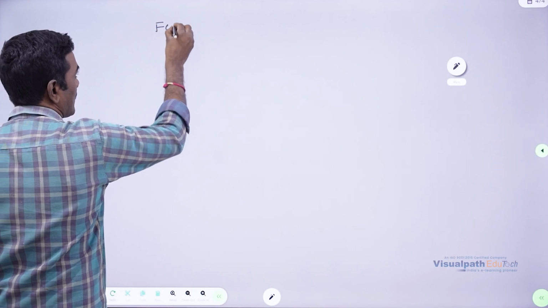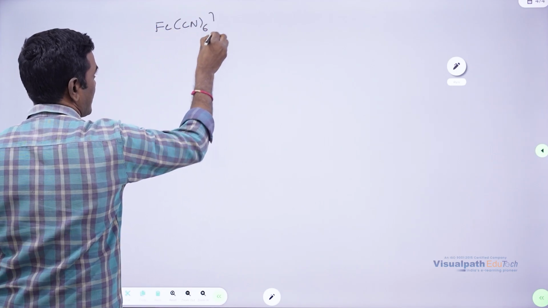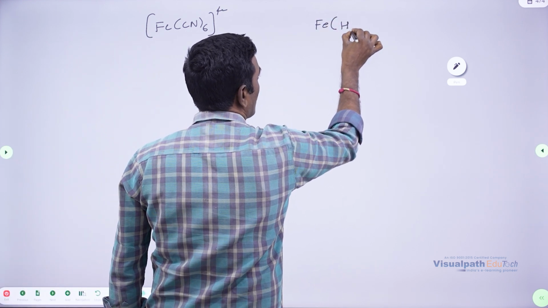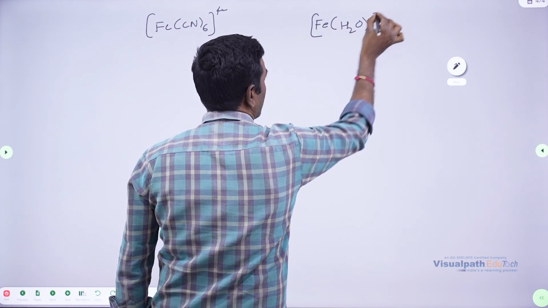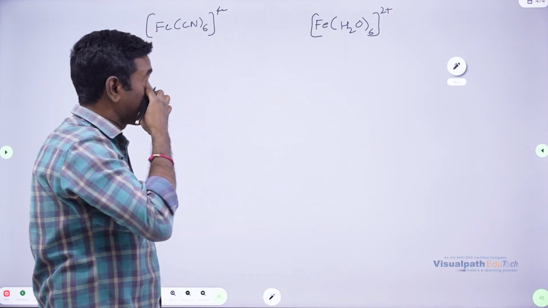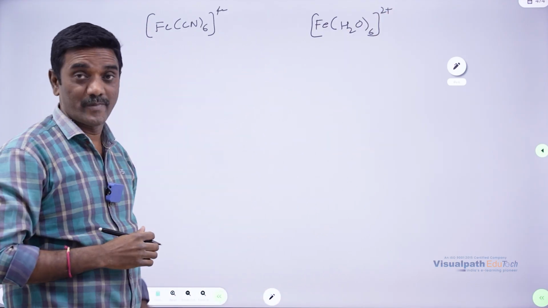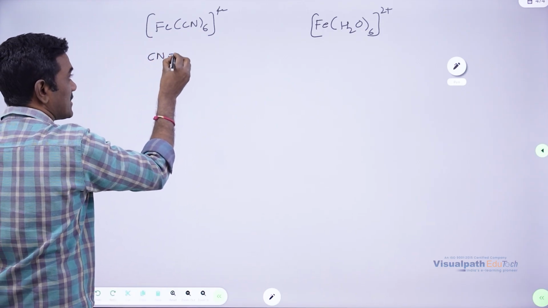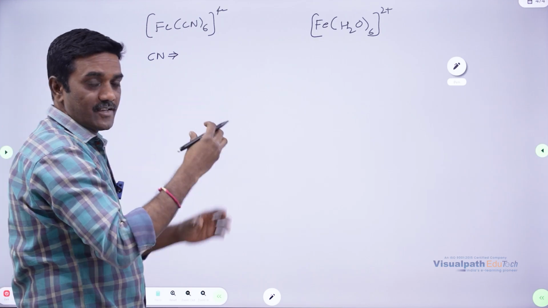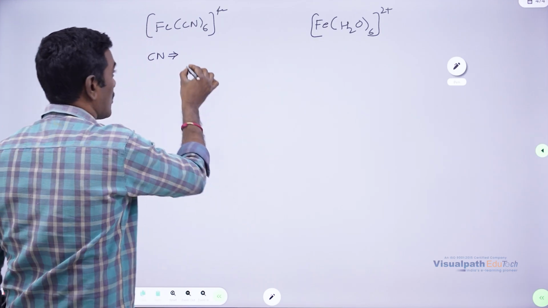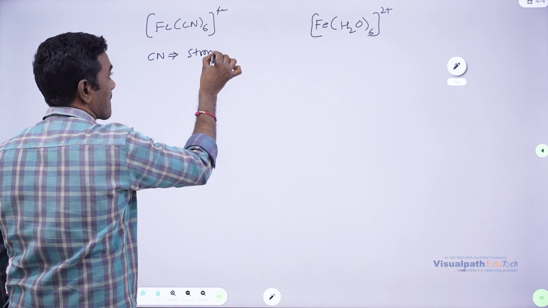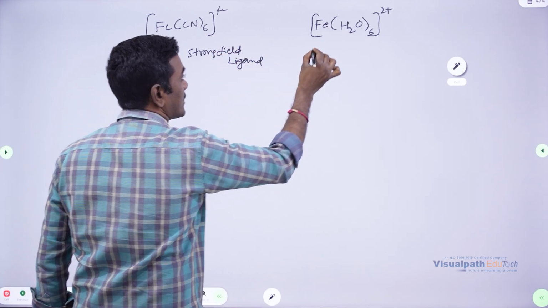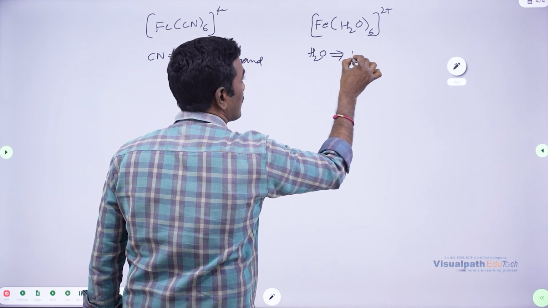Example: [Fe(CN)6]4- and [Fe(H2O)6]2+. Both these complexes are octahedral, and I have taken cyanide here. Just now we discussed this is a strong field ligand, and water is a weak field ligand.